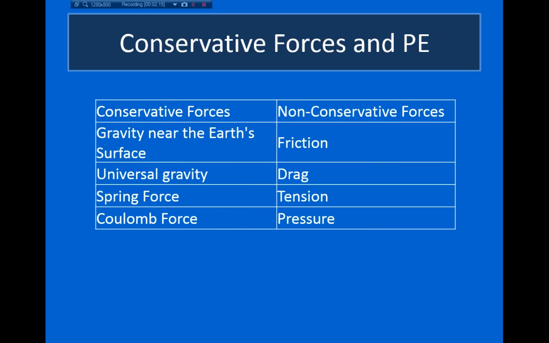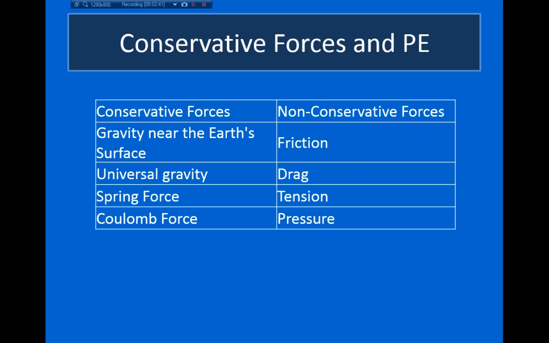So conservative forces, for example, the gravitational force is obviously a conservative force. It turns out the universal gravitational force is also conservative. So the force that is exerted on the moon or a satellite or something like that is a conservative force. Hooke's law, spring force, is a conservative force. The Coulomb force, which we haven't talked about yet, that's the force between charged particles, is also a conservative force.